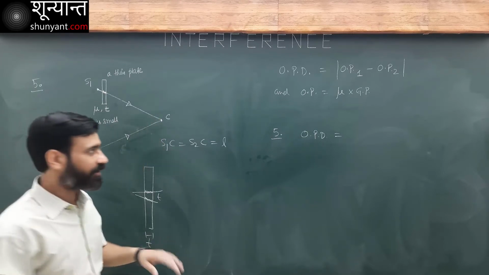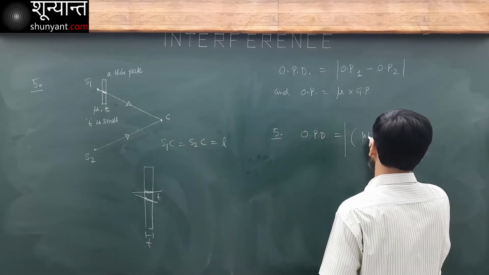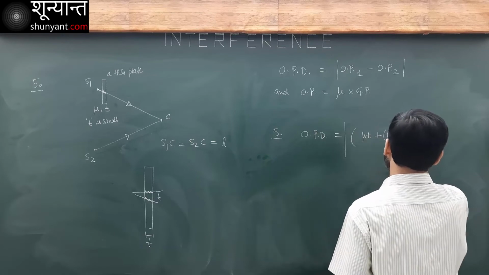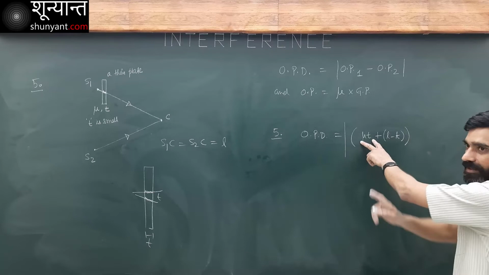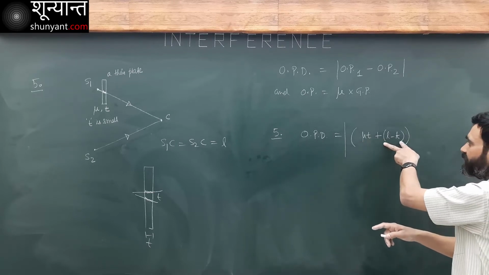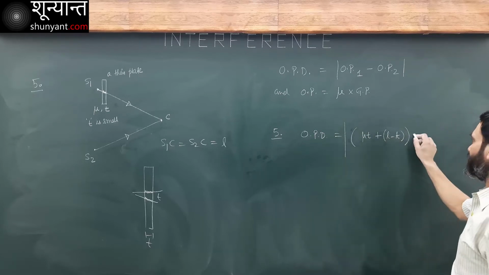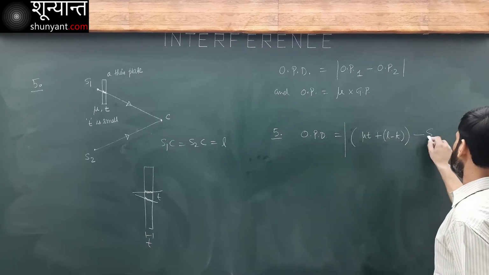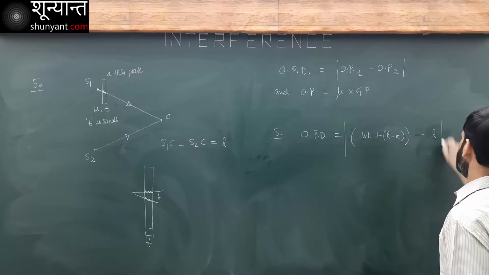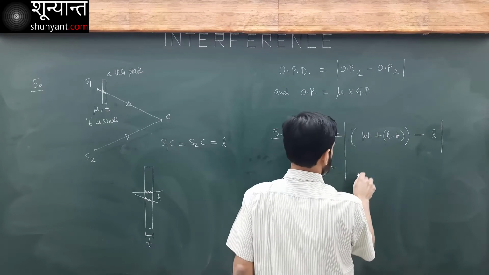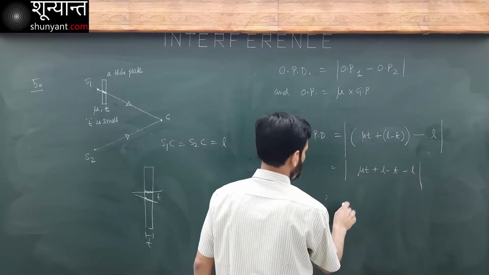What will be the optical path difference? It will be the optical path of the first light, mu times t plus L minus t, with this much distance in the medium and the remaining distance in air, minus the optical path of the second light, which is S2C, equal to L. So mu t plus L minus t minus L. What do I get?